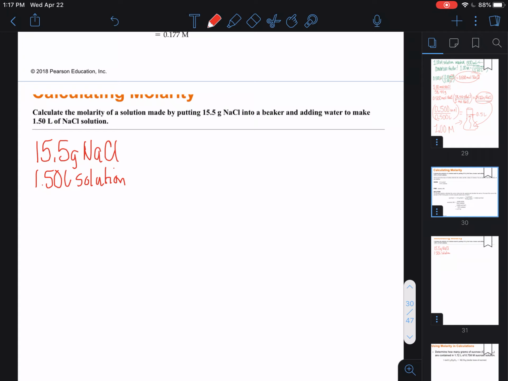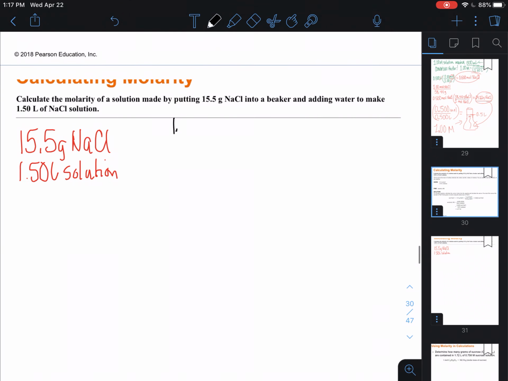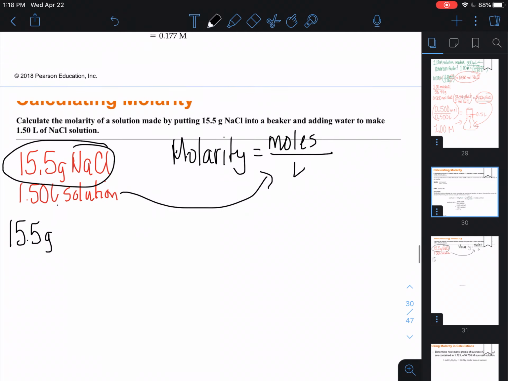Remember, molarity is moles over liter. So we need to first convert 15.5 grams of NaCl to moles.